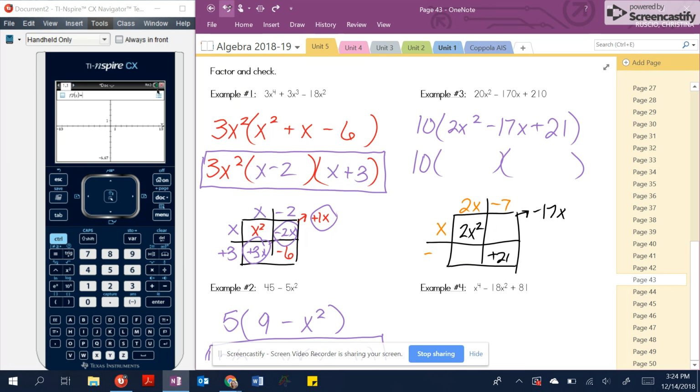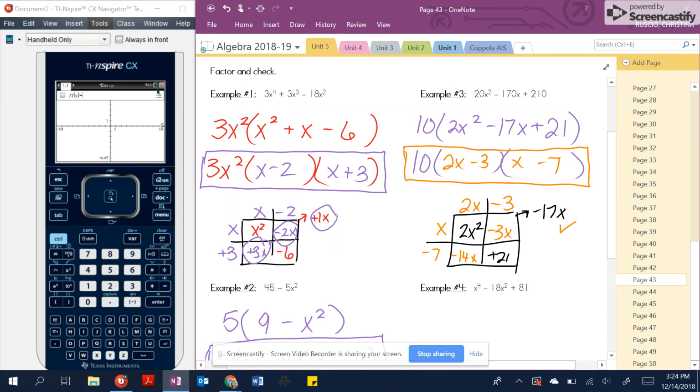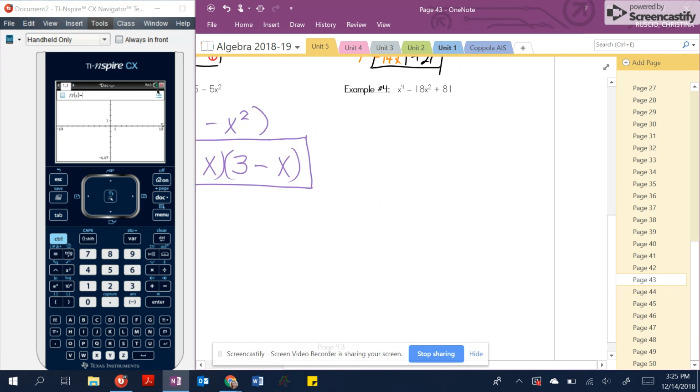So I'm just going to do a little switcheroo. I'm going to put the minus 3 here and the minus 7 there. So negative 14x and negative 3x. Yes, it does work now. So there's my 2x minus 3 and x minus 7. See, even teachers need to do a little switching around when we're guessing and checking, and that means you should too.